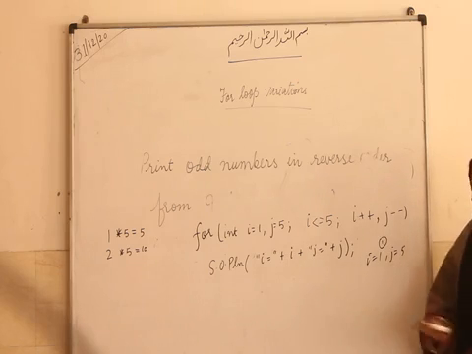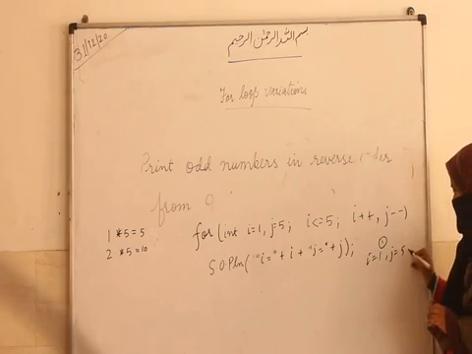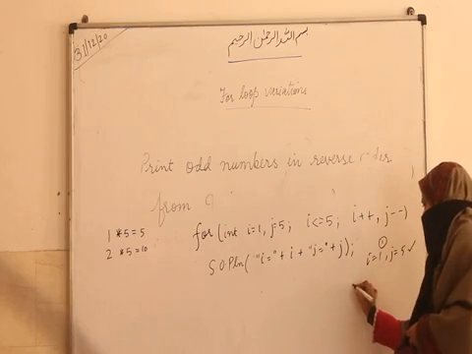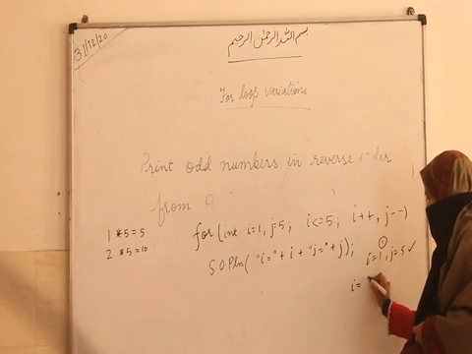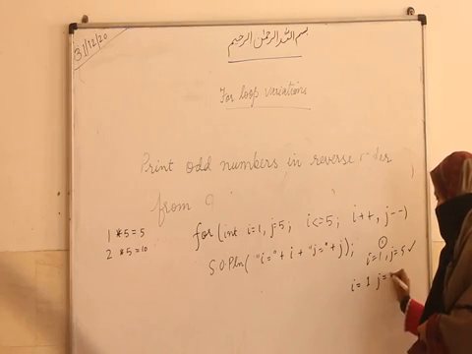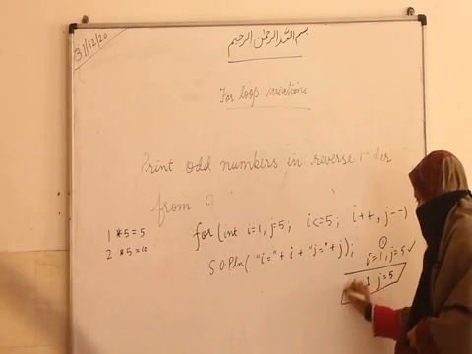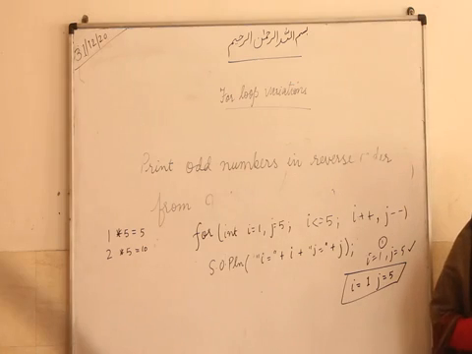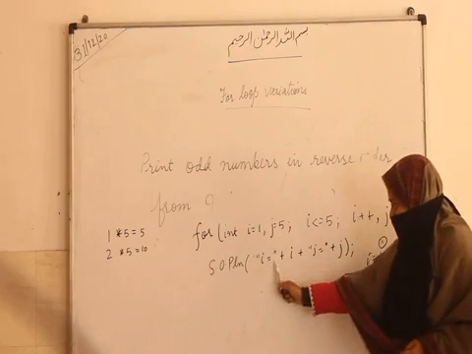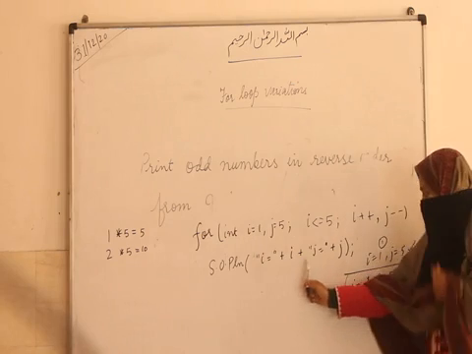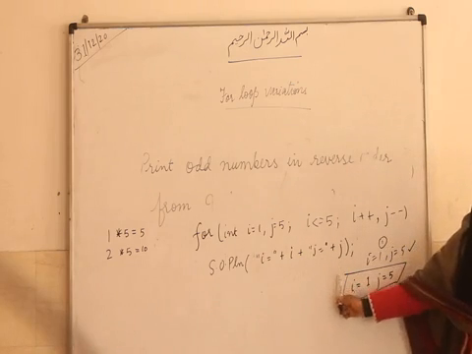Does it follow the condition? In the condition we are checking i only. It is correct. So in the output it will be i equal to 1, j equal to 5. This is your output on the screen for the first iteration: i equal to the value of i, j equal to the value of j.